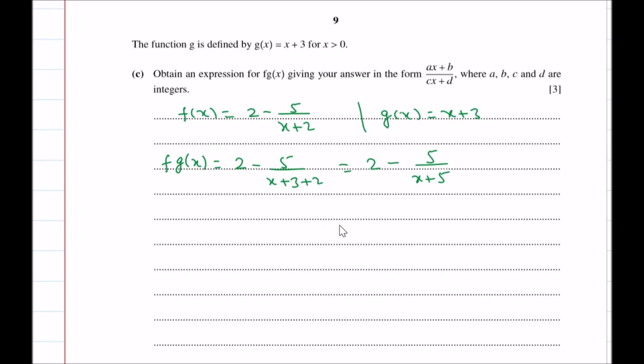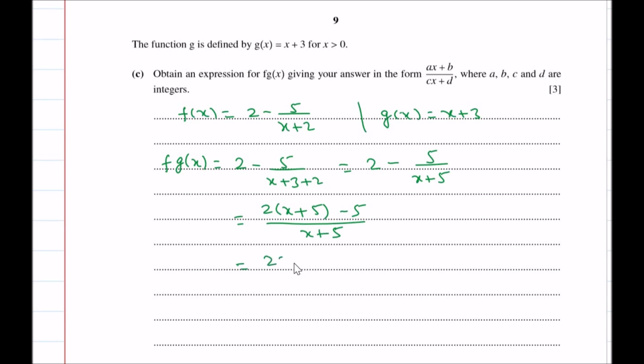Okay. Now we have to convert this into ax plus b by cx plus d form. So we'll write it as a single fraction. So 2 times x plus 5 minus 5 divided by x plus 5, making the denominator the same.